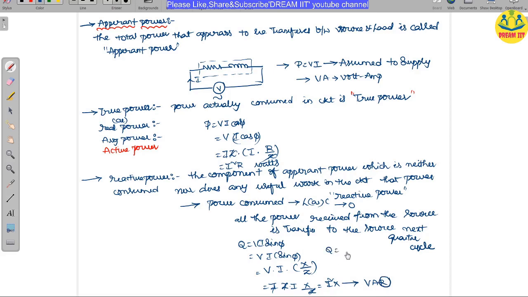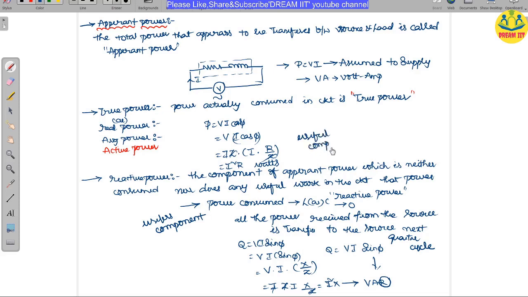So if you observe the Q formula V I sin phi, this is the reactive component and it is called the useless component. In one cycle it is coming to the load and in another cycle it is returning, so it is a useless component, whereas the other is the useful component.